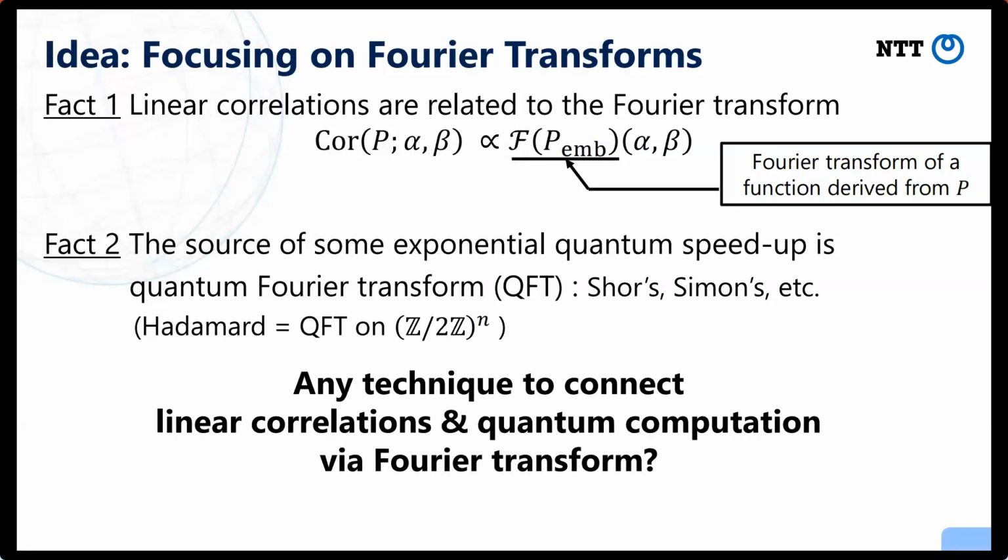And so, after seeing these facts, we tried to find some new quantum technique to directly connect linear correlation and quantum computation via Fourier transform. And after some investigations, we found that we can indeed observe such a strong relationship between linear correlation and quantum computation directly via Fourier transform when we slightly modify Simon's subroutine.